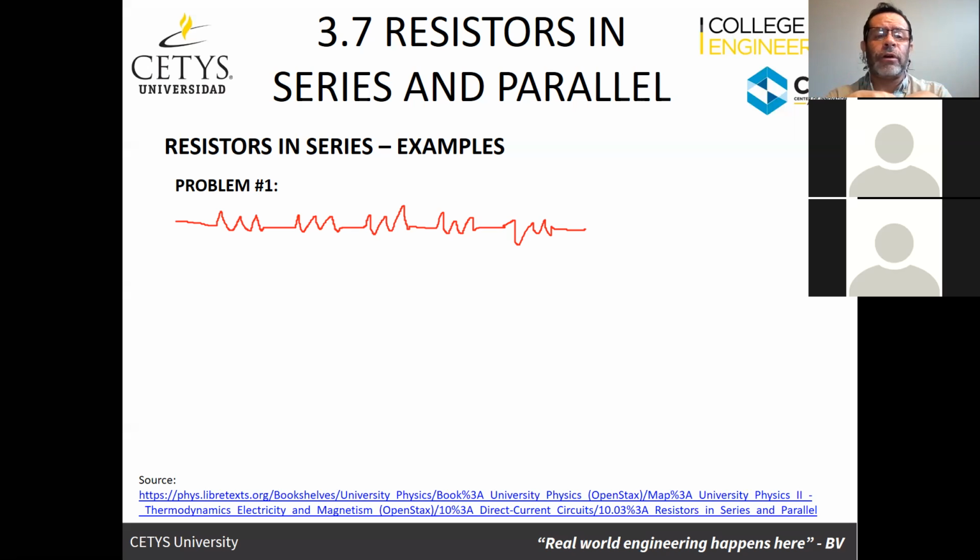Let's call them R1, R2, R3, R4, and R5. Otherwise we just have 5 resistors there and we don't have any idea what they are. So let's put a name to each of them.